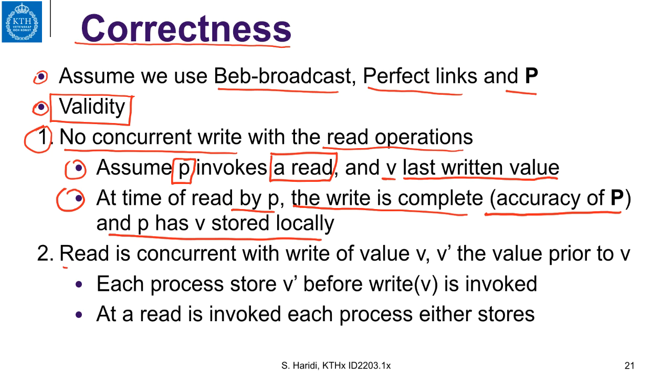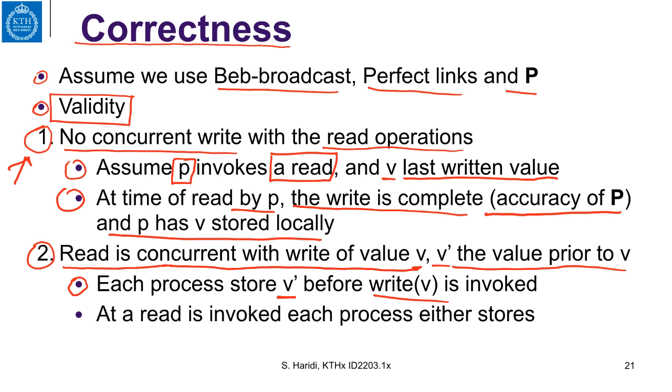The read operation is concurrent with the write of value V. So it overlaps with the writer writing the value V, and V prime is the value prior to V. While the writer is writing, the last written value was V prime. We know from case 1 that each process stores V prime before the write of V is invoked.